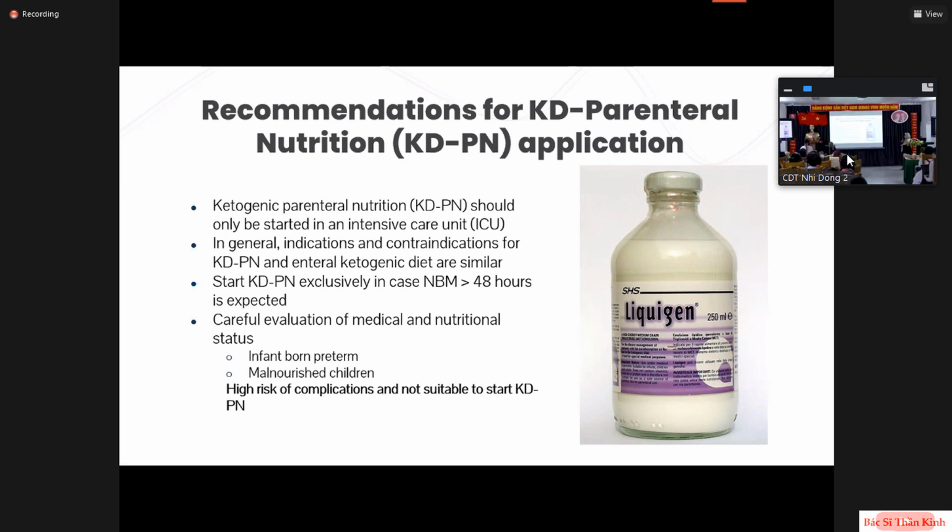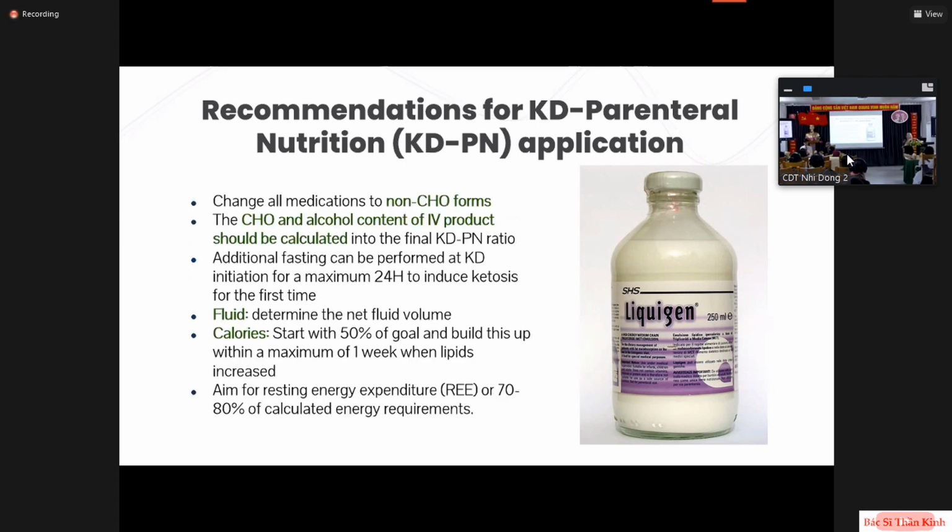In general, indication and contraindication are the same as enteral ketogenic diet. Start ketogenic parenteral nutrition exclusively in case the patient is planned for NBM for more than 48 hours. All right. And you have to carefully evaluate the medical and nutritional status, whether the patient is an infant, preterm, or malnourished child, because these groups are at very high risk of complication and not suitable to start KDPN.